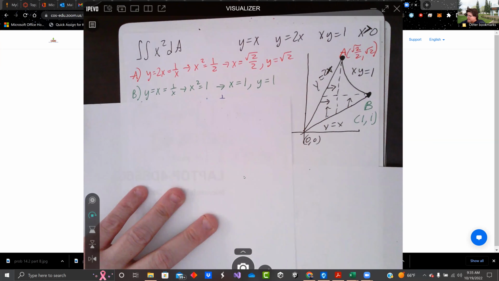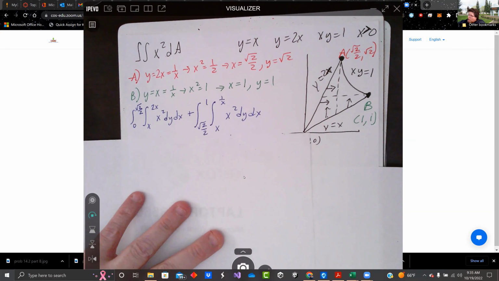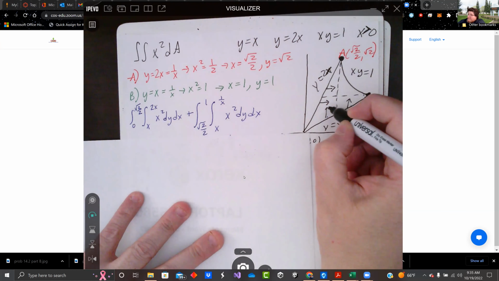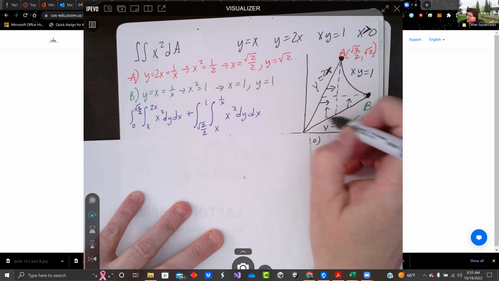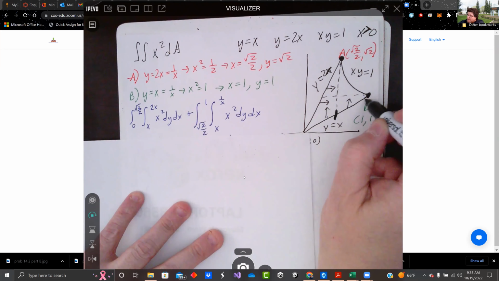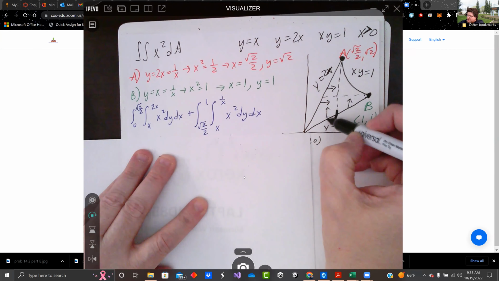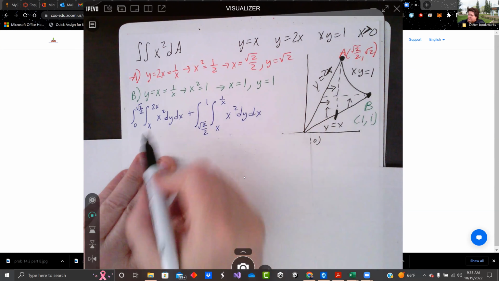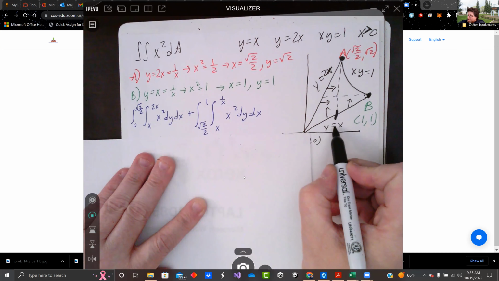So there's two ways to set this up. One of them is going along y first. So if we go along y, we have to break it up into two regions, to the left of this line and to the right of this line. To the left of this line, the y portion is from x to 2x, as we see here, and the x component goes from 0 to root 2 over 2.